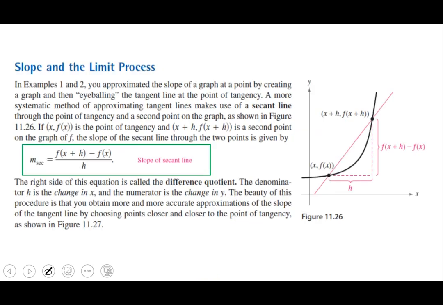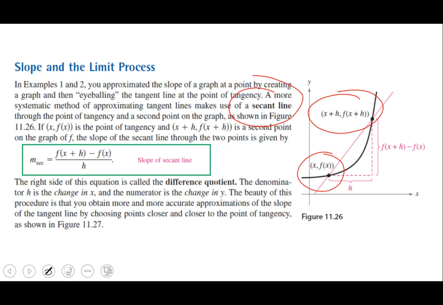So instead, we are going to talk about approximating a tangent line by first using a secant line. Remember, of course, that a secant line intersects a function's graph twice, where a tangent line only does it once. So for any curve, you're going to assume 2 points. One of those is the point of tangency, (x, f of x), and then some second point, which is h units away, which makes it x plus h and f of x plus h.